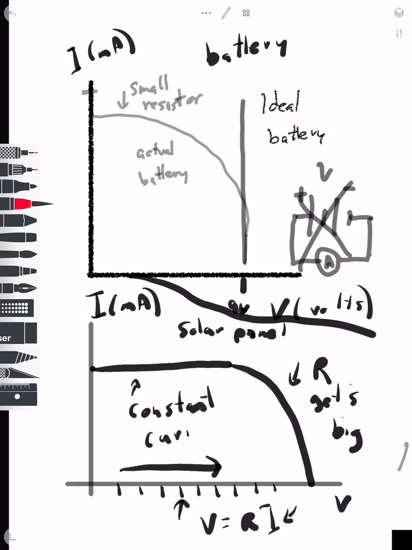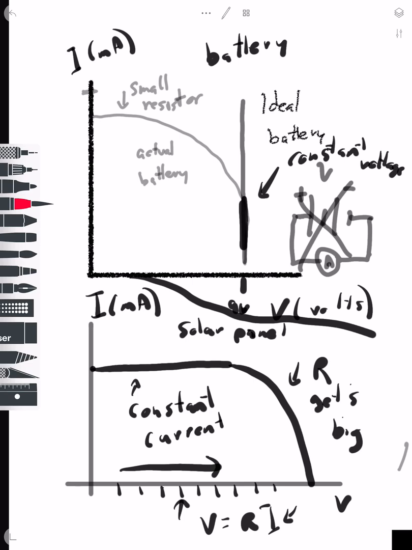What's interesting about solar panels is they're going to tend to deliver a constant current, whereas batteries are going to tend to deliver a constant voltage. That's why their IV curves look different. When you hook up your 9-volt battery, you're expecting it to be 9 volts, whether you're hooking it up to something that's going to take a lot of current or not.